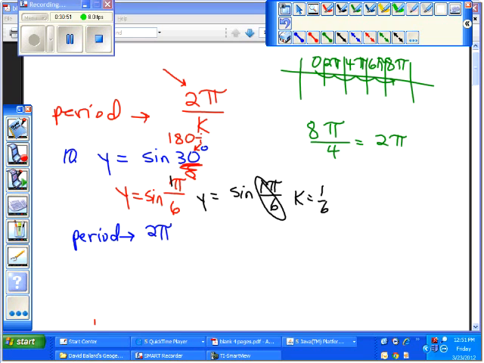Well, the normal period for sine and cosine is 2 pi, and to find the new period, you take 2 pi divided by k, and my k is 1/6. So 2 pi divided by 1/6. So we changed our degrees to radians so we could see our k.